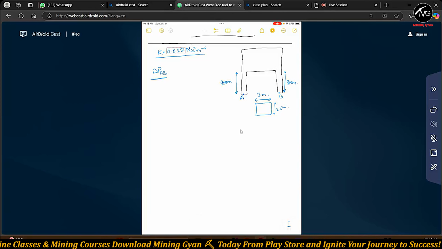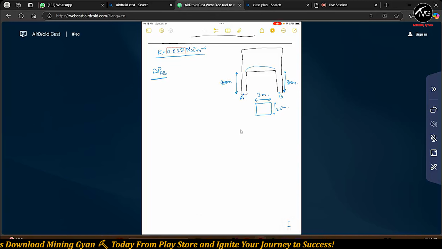We simply know that in this question they have simply taken the pressure drop in this region as 0 or minimal. We have to simply find out delta P between these two.